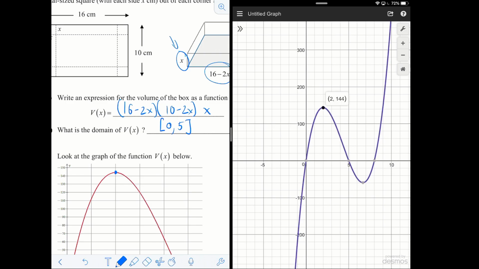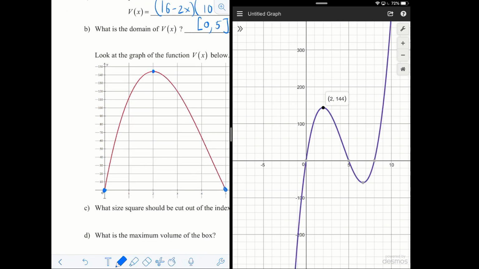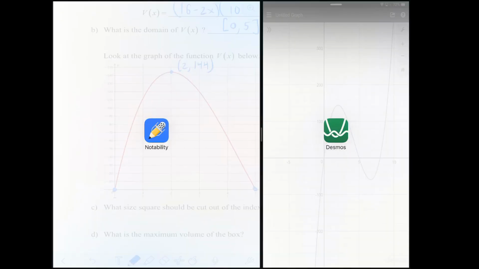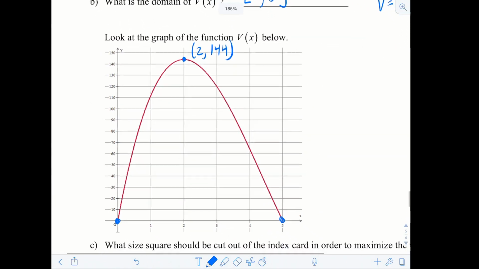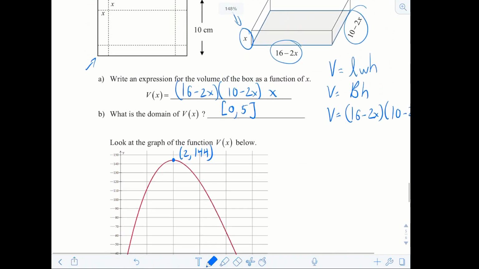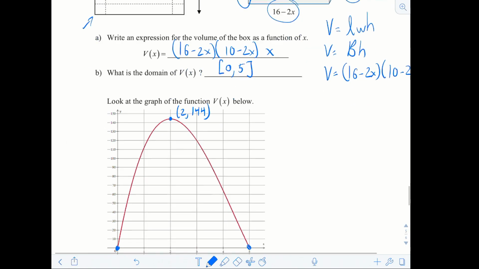So I'm going to find out the height. It looks like the maximum point is 2 comma 144. To understand the meaning of that specific point, this means that I want to cut out 2 by 2 centimeter squares from this index card.